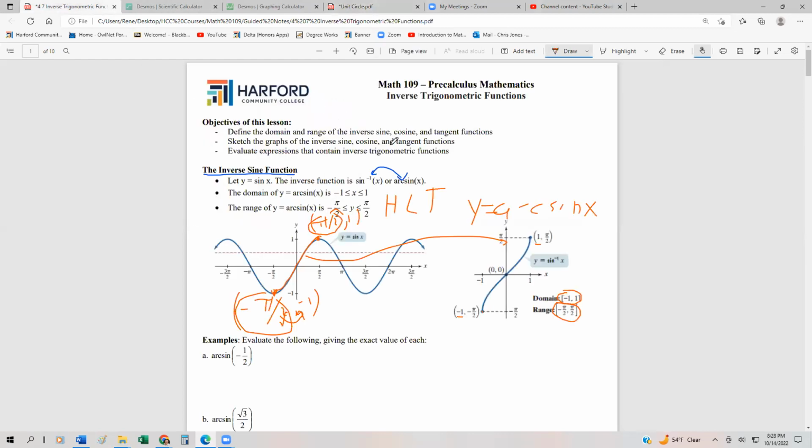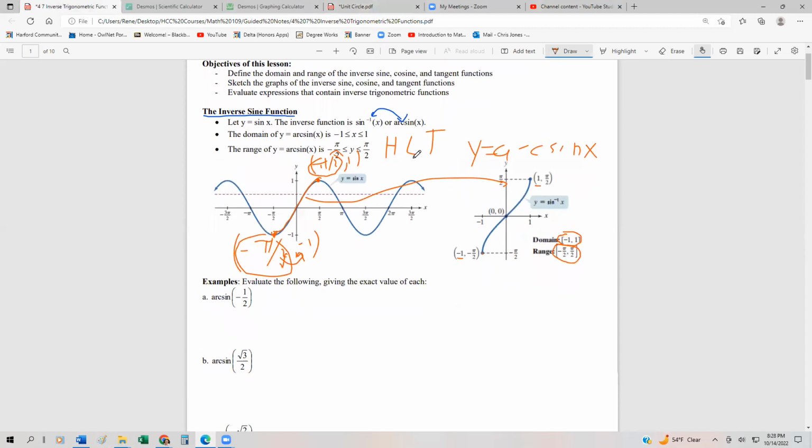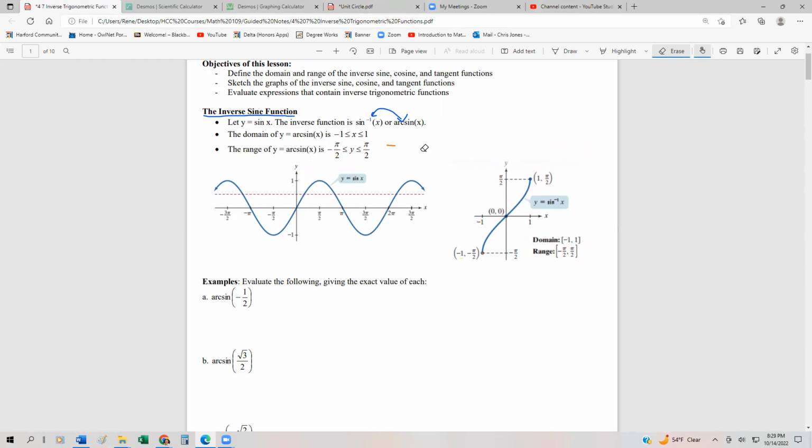Now one of the things that we need to do is evaluate inverse trigonometric functions. Given all that information, let's make sure that we remember what the graph of the arc sine function looks like, and let's see if we can go through and evaluate.